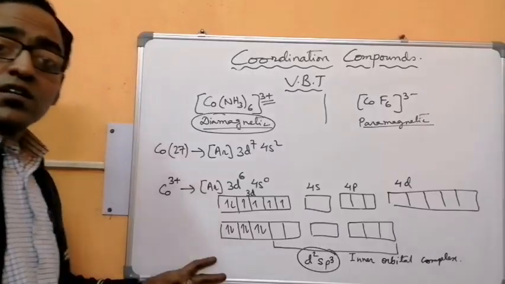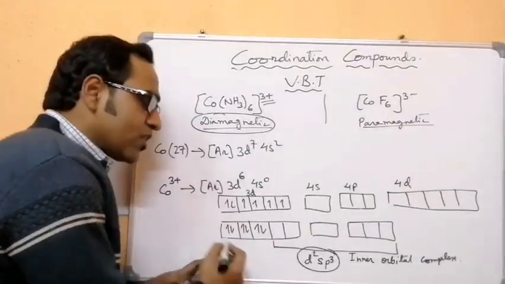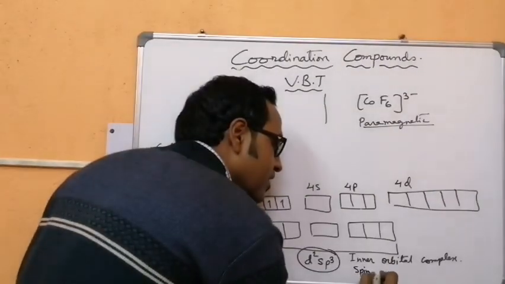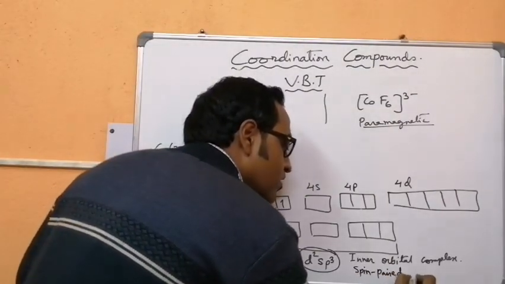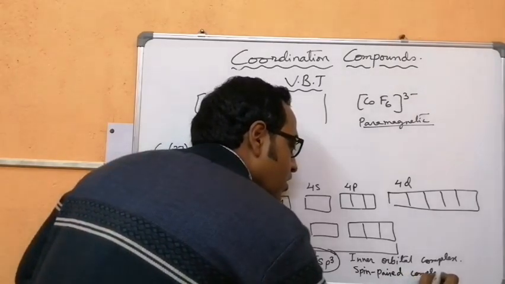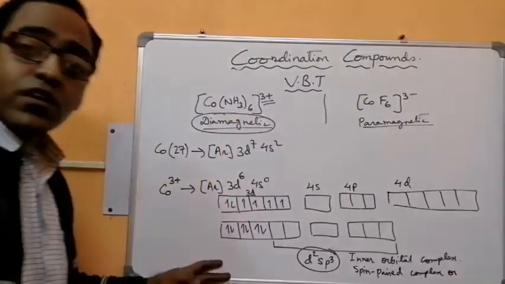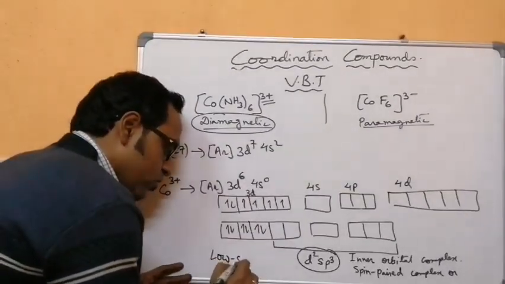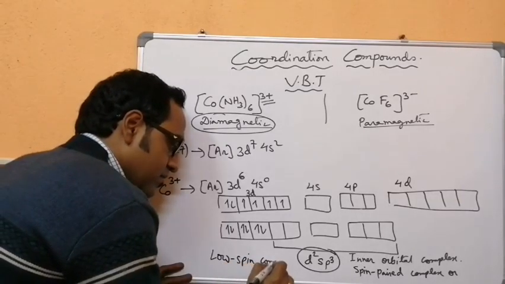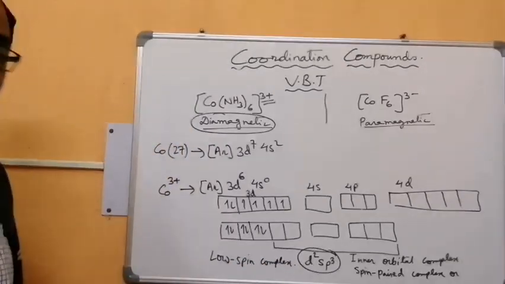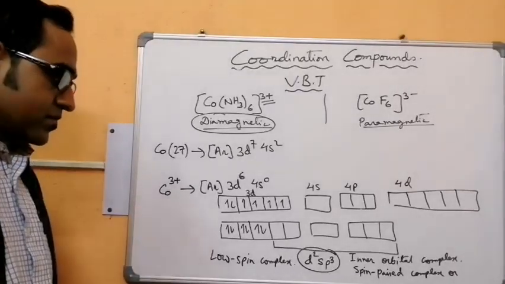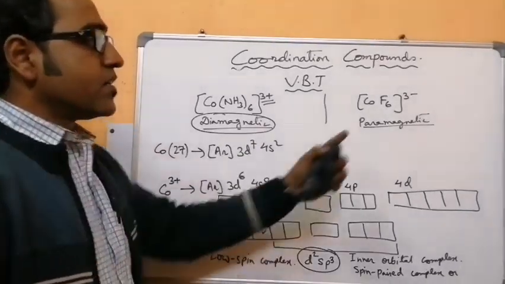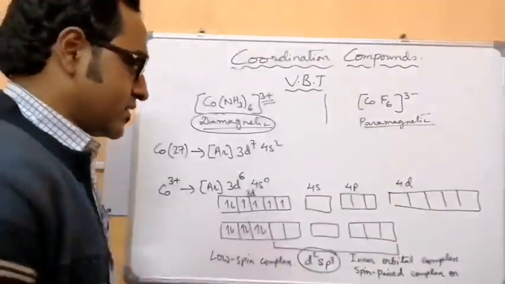They are also called spin paired complexes, since all the spins have been paired up, or they are also called low spin complexes. Next we will discuss [CoF6] 3 minus.